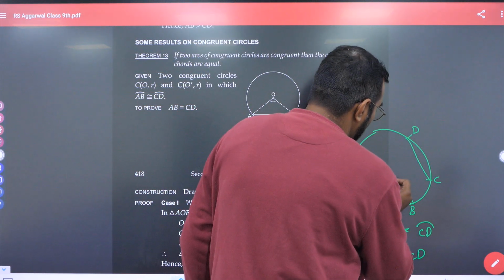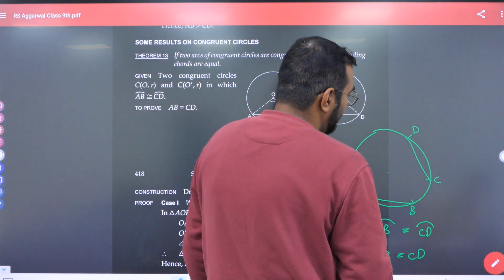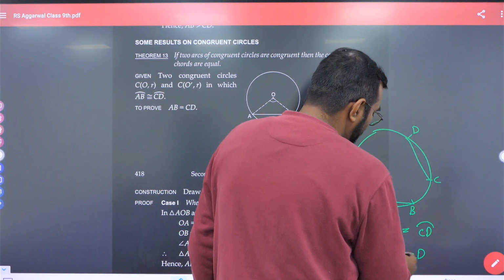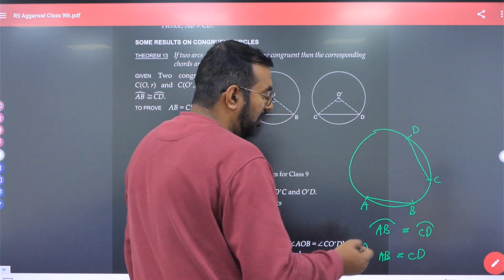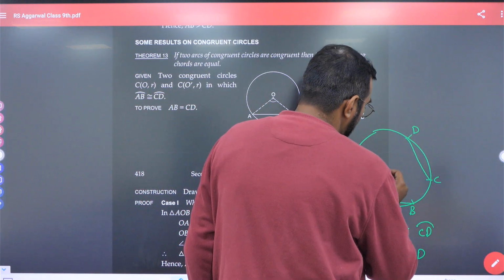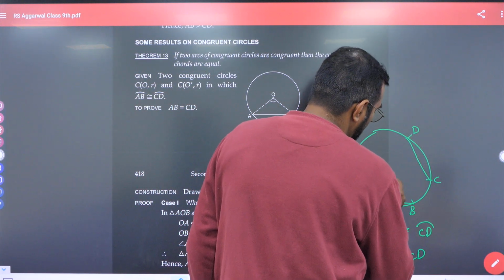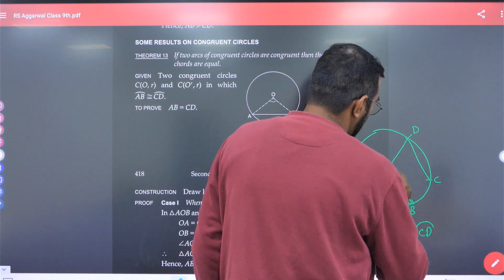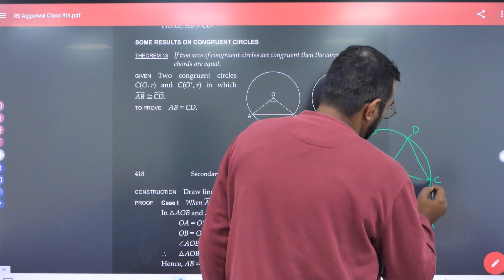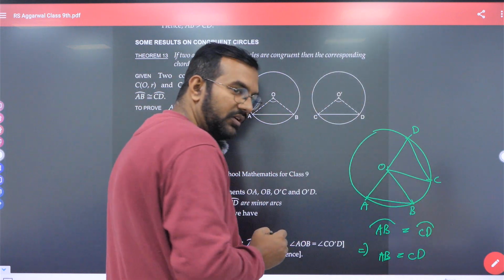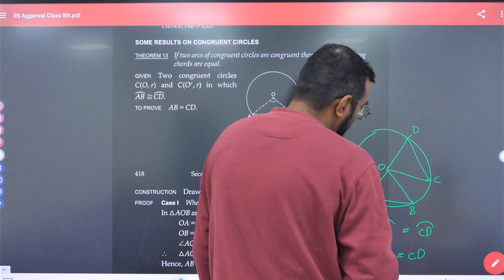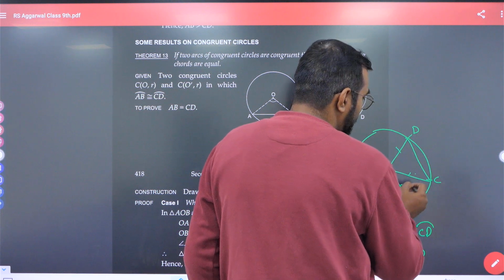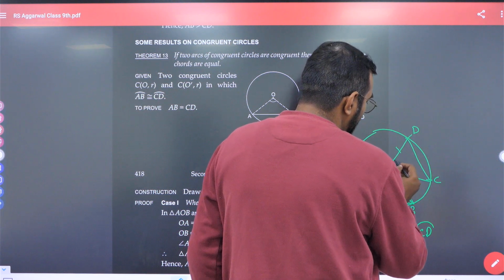How do we prove it? Look here. If you have to prove that arc AB equals arc CD and that chord AB equals chord CD, how will you prove it? You will join OB and OA, and similarly join OC and OD. Then this radius equals this radius, and this angle equals this angle.